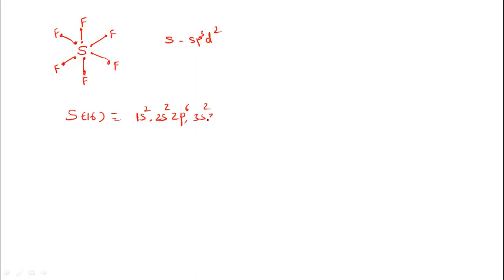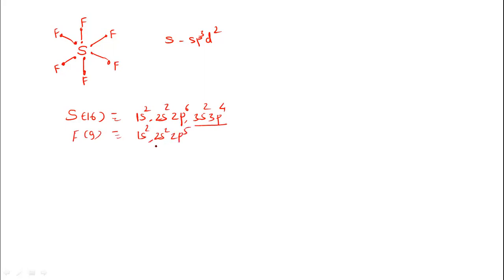So there are 6 valence electrons present, 2 in the 3s orbital and 4 in the 3p orbital. Then the fluorine atom has atomic number 9, so it has the electronic configuration 1s2, 2s2, 2p5.